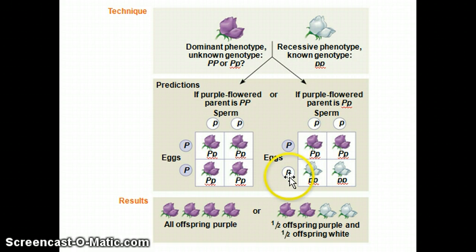But the one allele of the lowercase p here, or the white allele, when it joins with our test cross, which is also recessive, gives us some white flowers again. So the results, we get half the offspring being purple and half being white, which again tells us that the original parent was heterozygous in that case.